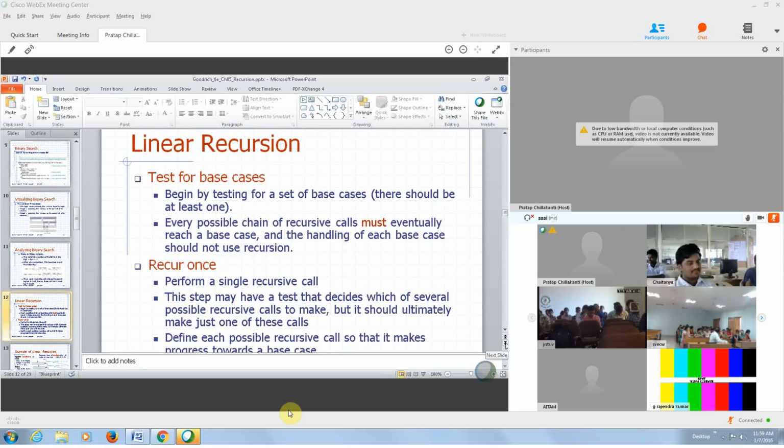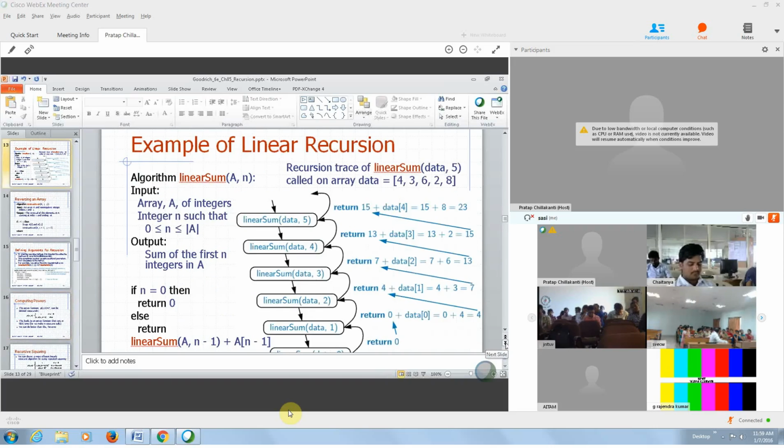And when you talk about recursion, this is all recursion, right? Whether you do binary search or other types of recursion like linear recursion, where in this case you're doing an addition, it shows you some examples of how the recursion happens.